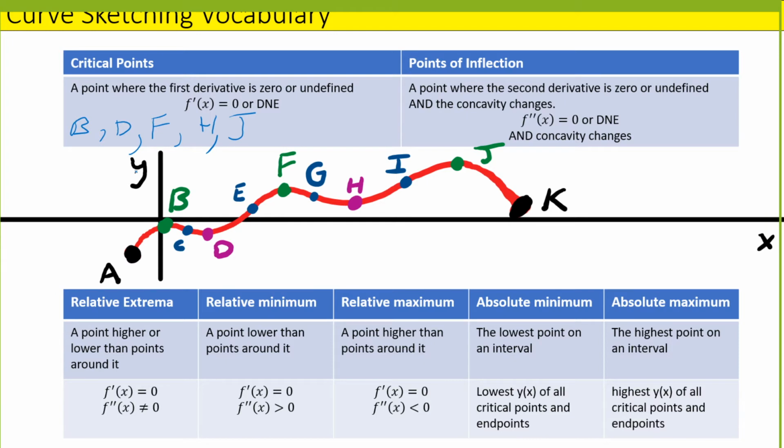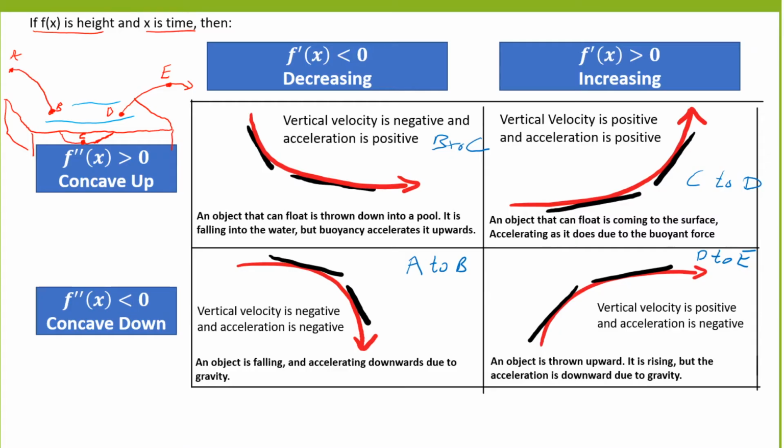A point of inflection is when the second derivative, so that's the acceleration, or the concavity is 0. For me, it's easier to see when the concavity changes. So for example, my concavity at point B changes from being concave down to concave up on this graph.